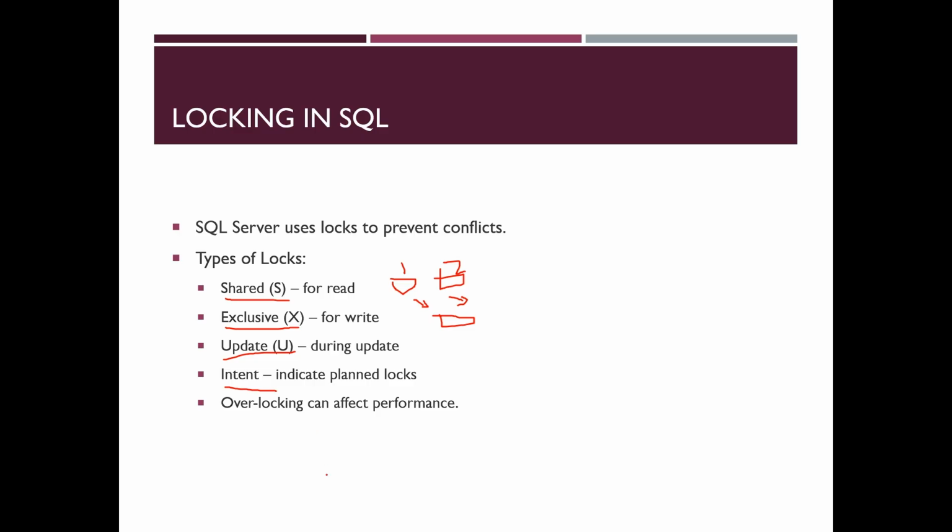So why is locking important? Without locks, two users could read and write the same data at the same time, causing inconsistency. But beware, too much locking can slow down your system or cause deadlock.